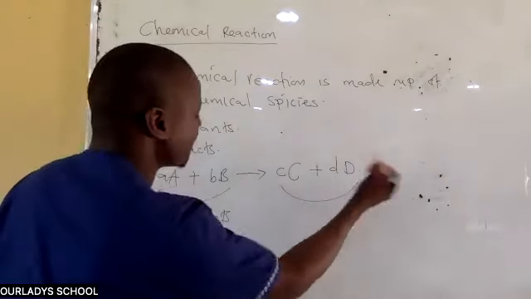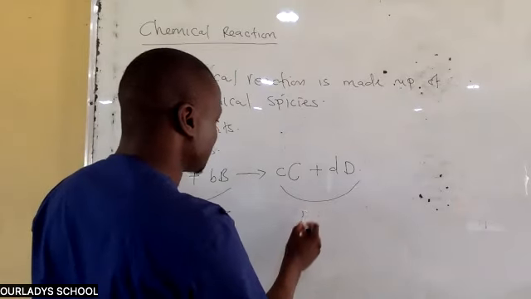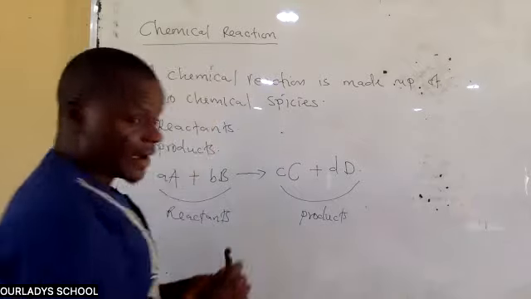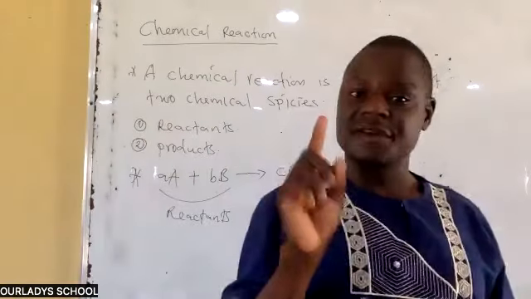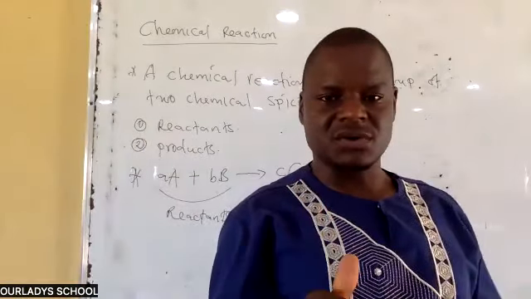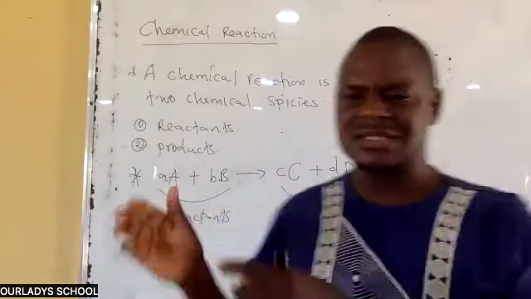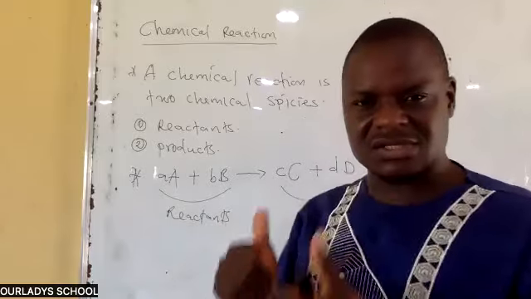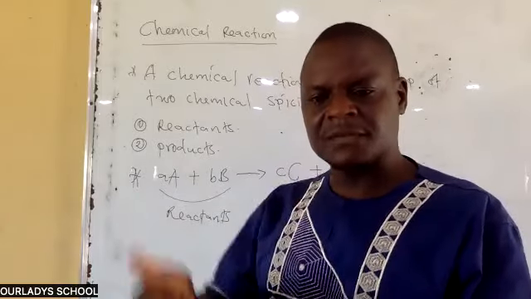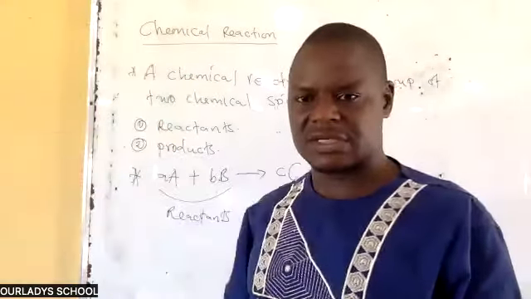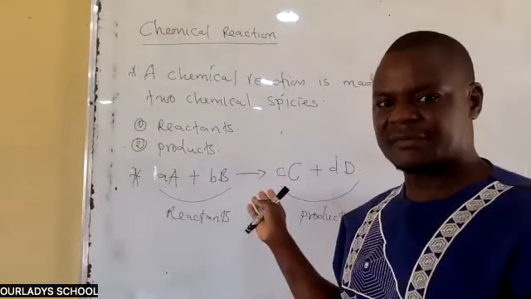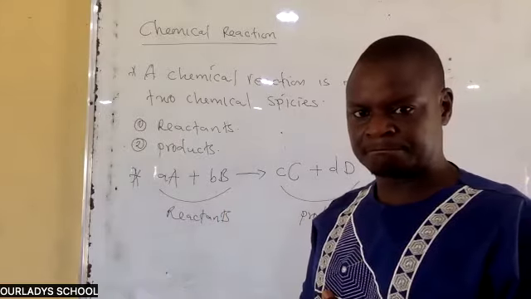And the ones that are written on the right-hand side, they are the ones you're calling products. This introduction is very important because there are some few things that you have to understand. Remember, I said today's focus is not the introduction of chemical reaction, but the detailed part of it. So we have the reactants, we also have the products.